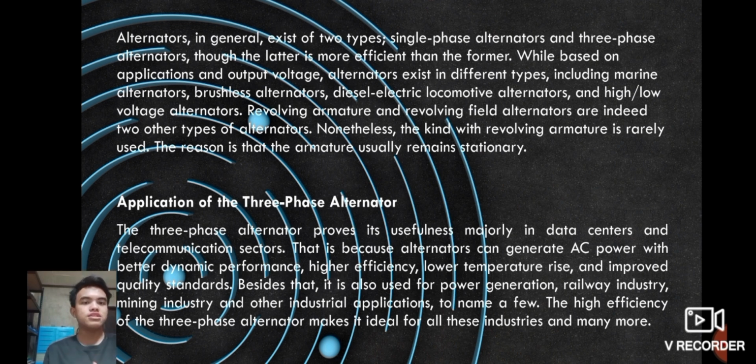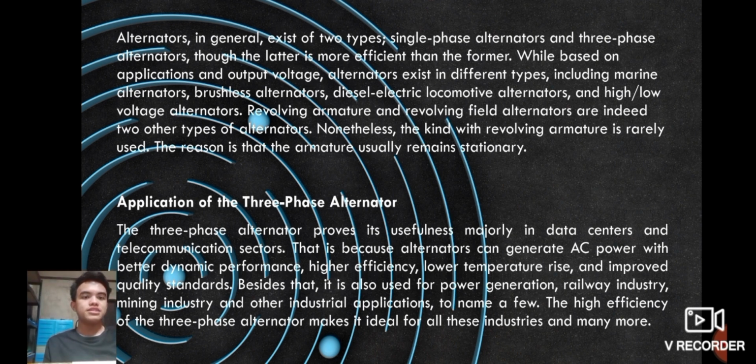Revolving armature and revolving field alternators are two other types. Nonetheless, the kind with a revolving armature is rarely used. The reason is that the armature usually remains stationary. So, stationary means it just remains in place.